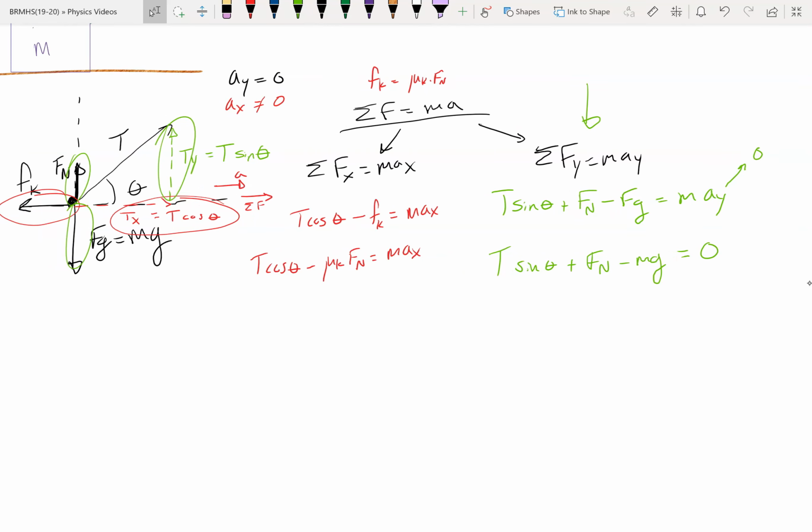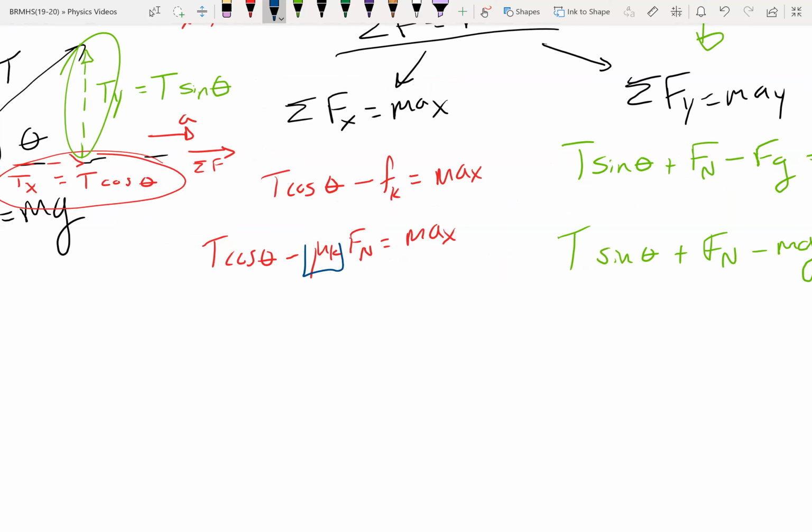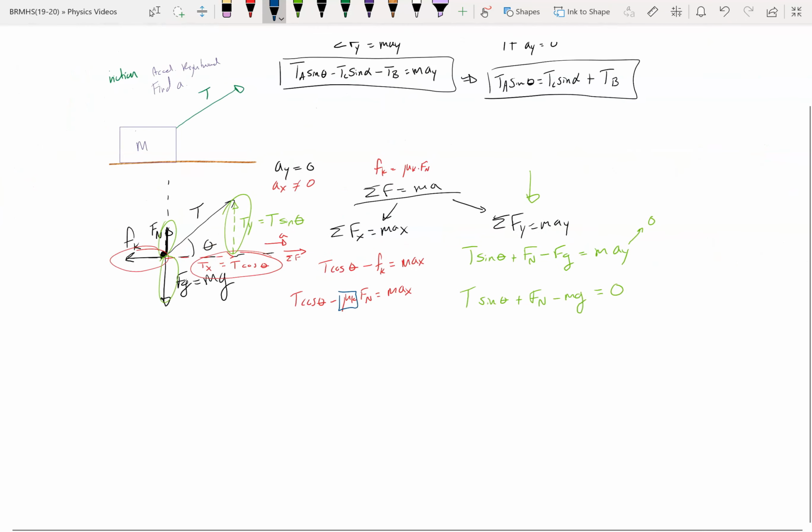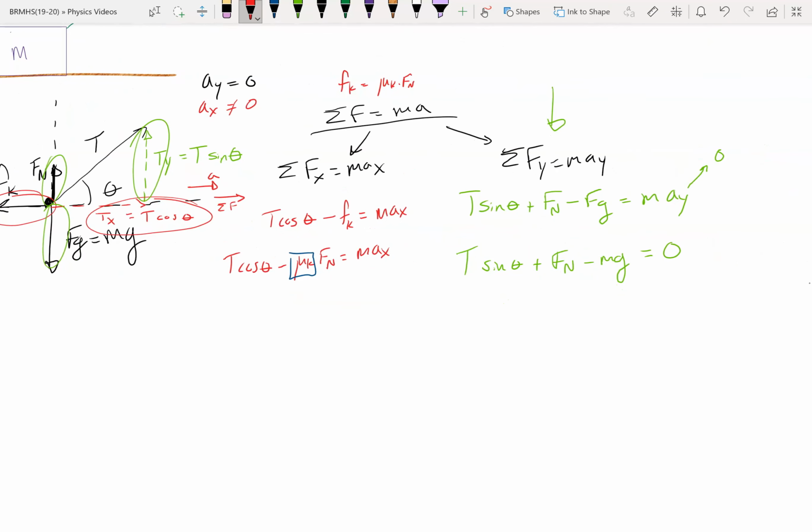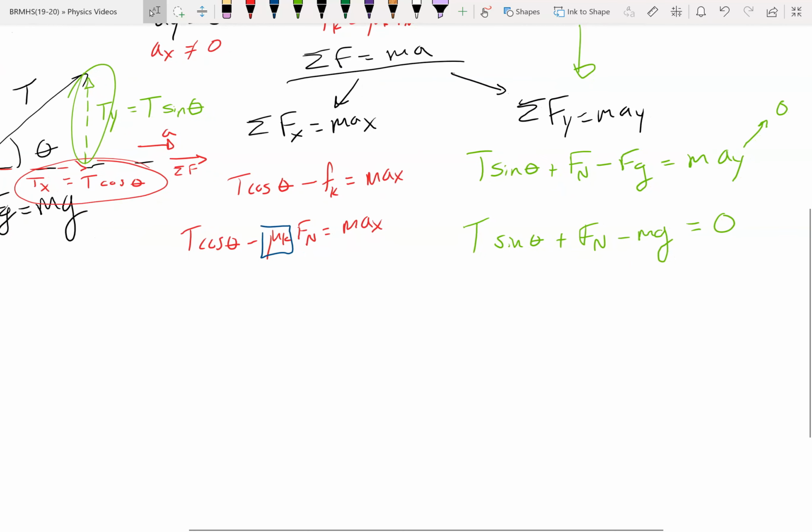If I need to go and find, let's say, mu k, we want to solve for mu k. Maybe that's the question. Anytime I'm asking for this, if you're going to express it in terms of m, g, T the tension, theta, and the acceleration, or whatever we're looking for, let's say we need to substitute something in for Fn.